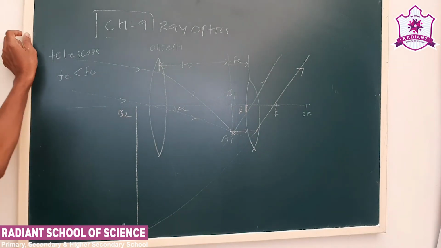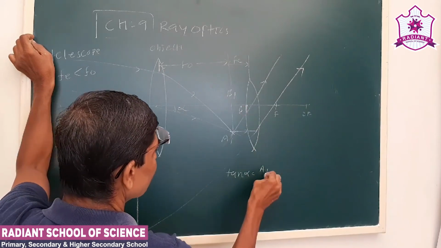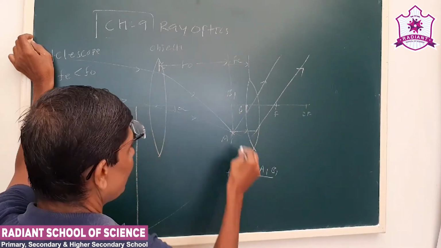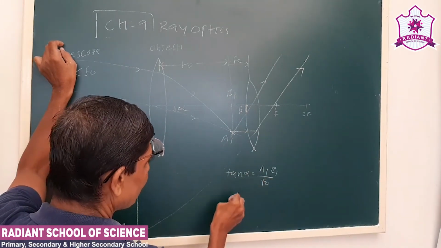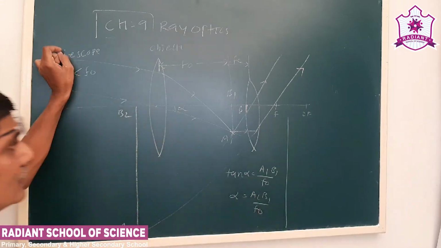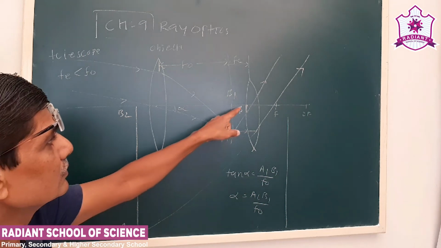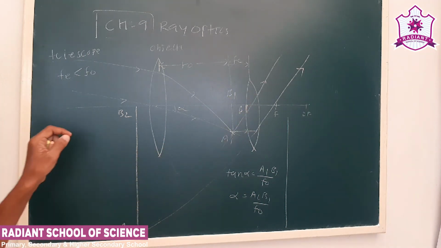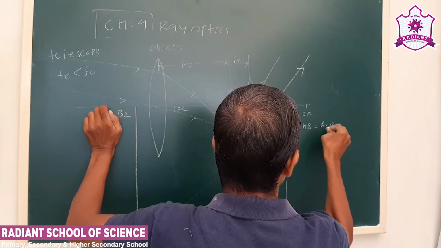Now see, tan alpha we can say is A1 B1 upon F0, and when the angle is small, alpha is A1 B1 upon F0. Now the final image subtends angle beta, so tan beta is A1 B1 upon Fe.